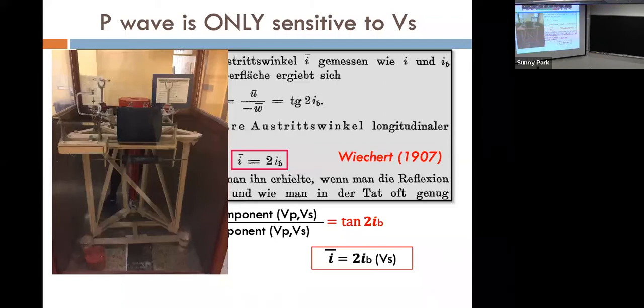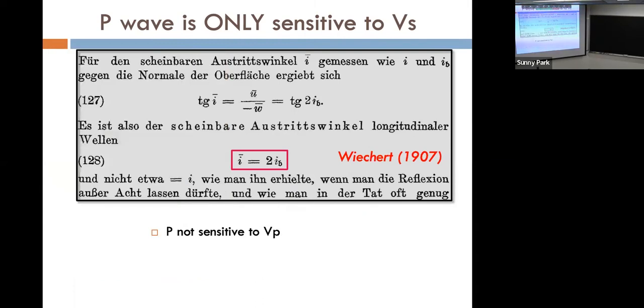So in his case, he had this derivation, but here we're actually going to use this result to study the shallow structure of VS. Just to summarize this part, P wave is not sensitive to Vp, so that's not very intuitive.